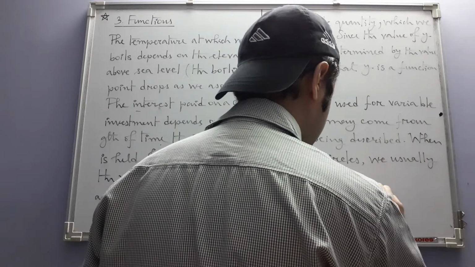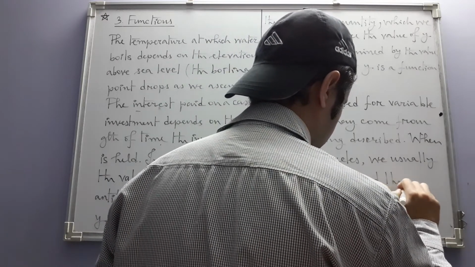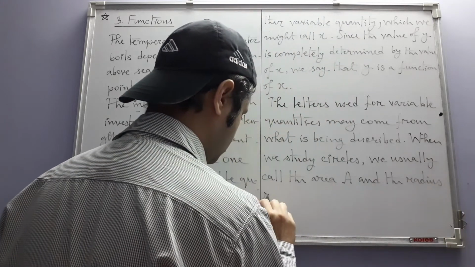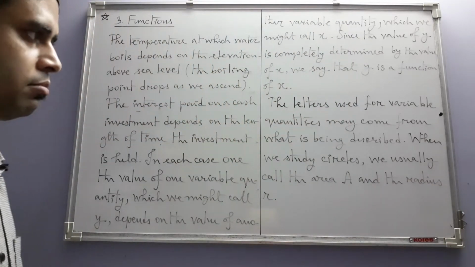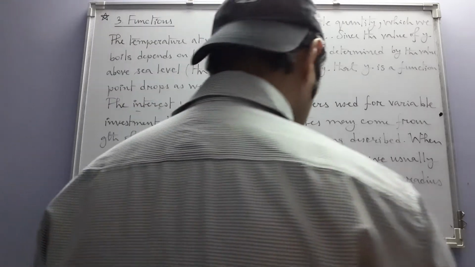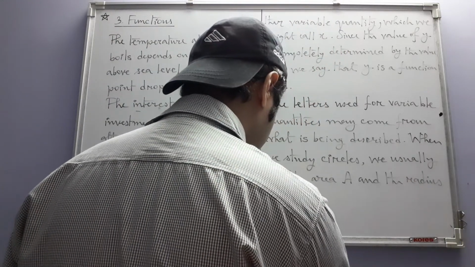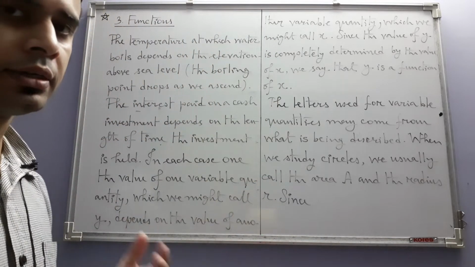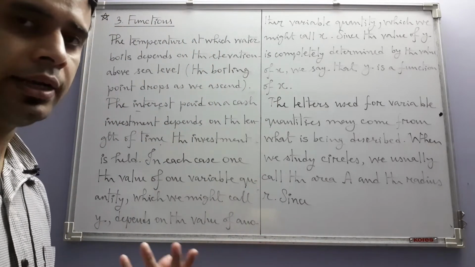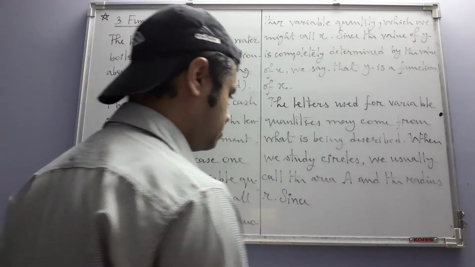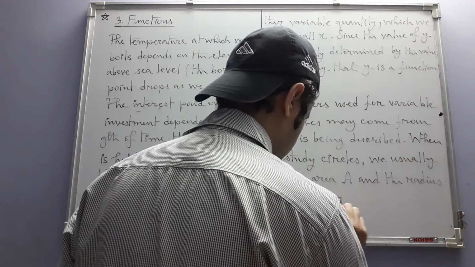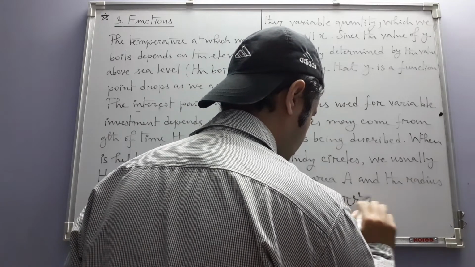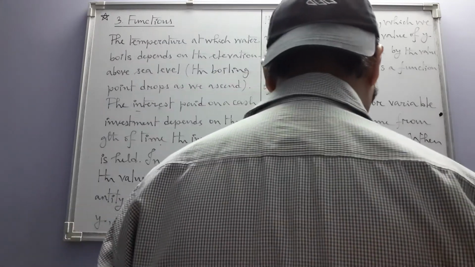and the radius r. Since in fact we know a relation between a and r, we know a formula that links a and r. A is equal to pi r square.